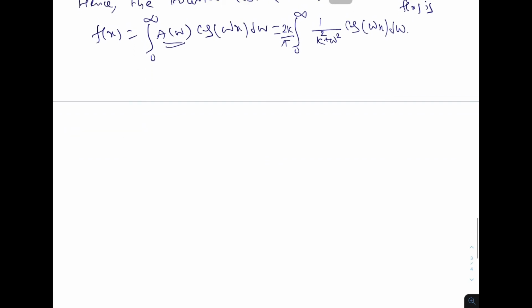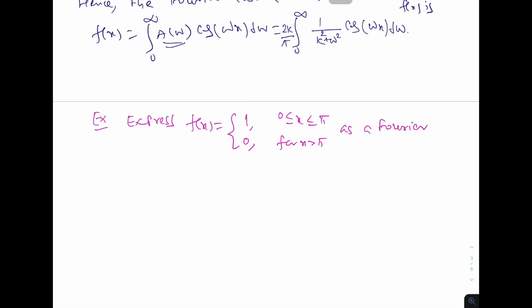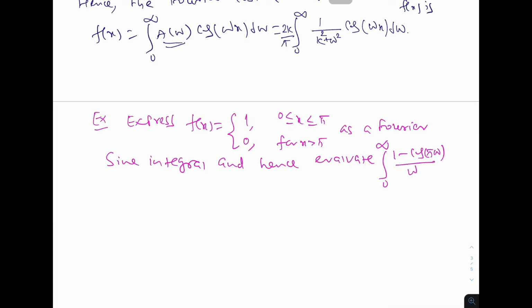Express f(x) equal to 1 for 0 less than or equal to x less than or equal to pi, and 0 for x greater than pi, as a Fourier sine integral, and hence evaluate the integration from 0 to infinity of (1 minus cos(pi omega)) over omega times sin(omega x) d omega.